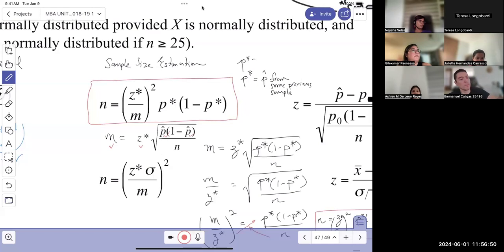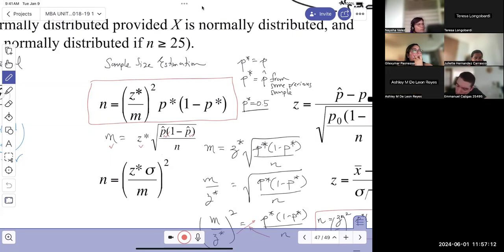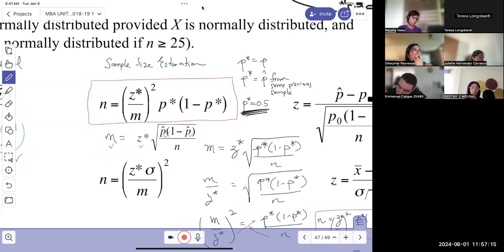P star could also just be P. Let's say you just knew it, or you've researched this topic so many times that you know the true proportion, and you just want to do another study, so you want to know the sample size you should get. And if you don't know anything, use P star as 0.5. Those are your three options. Most of the time, you don't know P star. So let's go to the exercise and do it, and then we're going to go for today.